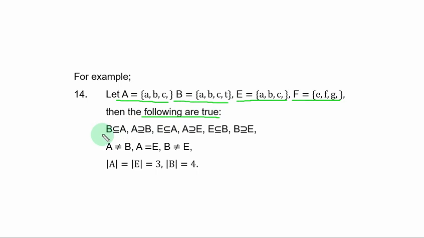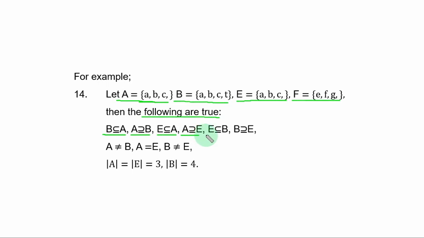B is a subset of A. Not all, but some of the elements in set B, A, B, C, are also in set A. So B is a subset of A. A is also a subset of B. E is a subset of A. All the elements in set E are also in set A. Set A is also a subset of set E.